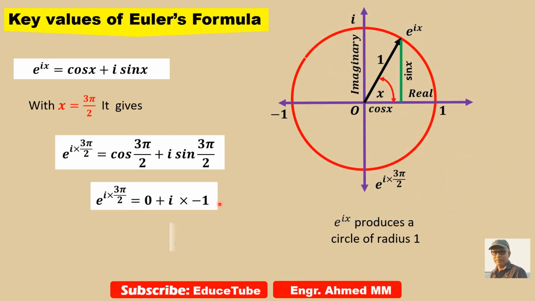So easily we got minus i. So this is the value. So we have checked this point, this point, this point, and this point. So let's see all these 4 points in one place.